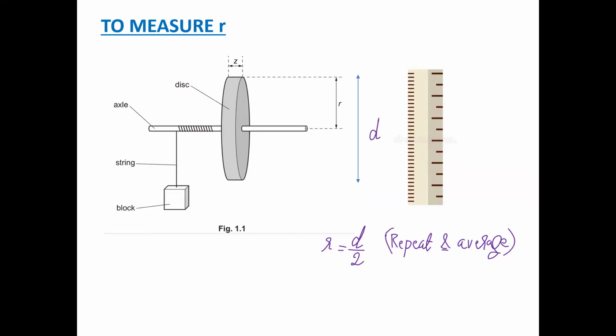Look at this screen. What is my plan? I will find the diameter of the disk and I will halve it. I will take 3 or 4 readings and I will take an average. So this is my plan to find the radius of the sheet.